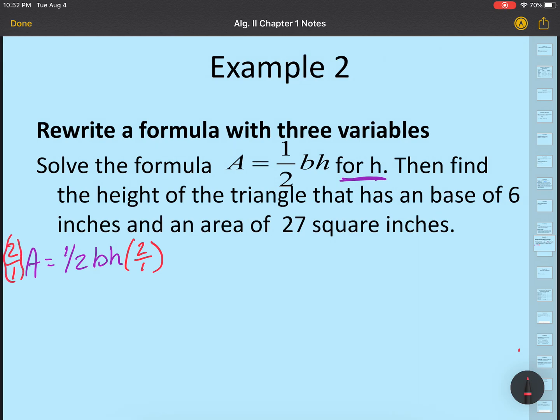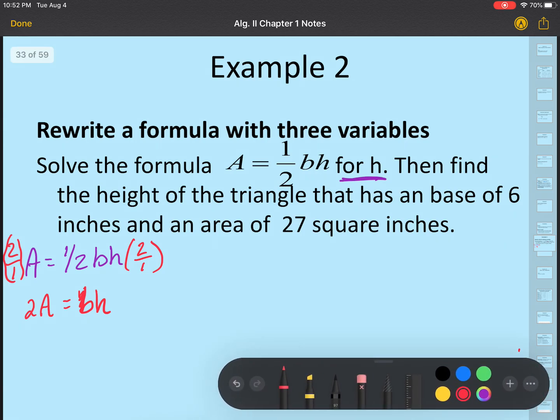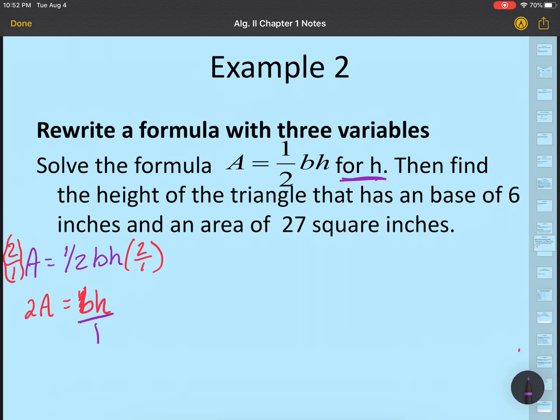Well, 2/1, that's just 2. So that's like saying on the left-hand side, 2 times area is base times the height. And I'm solving for h, so the last part we need to do is just divide by b, so that the b's go away, and I'm left with h equals 2 times area over the base.